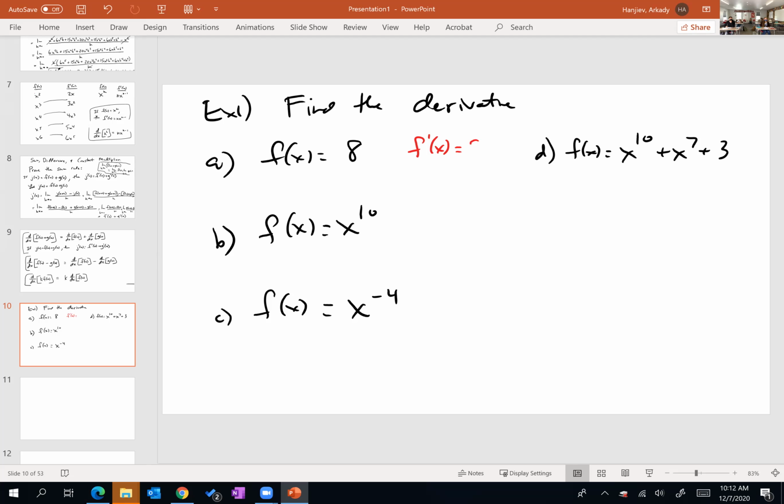Are we good there? Boom. So if you asked us that, our answer would be f1 prime of x equals 0, and then we just box that. Or you could say the derivative of f of x equals 0. But either one.